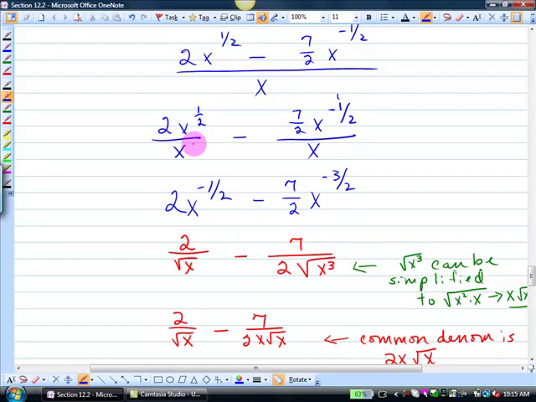So it became 2x to the negative 1/2 minus 7/2. We had a negative 1/2. We subtracted 1. That gives us negative 3/2. This is algebra coming back to haunt you. Okay?